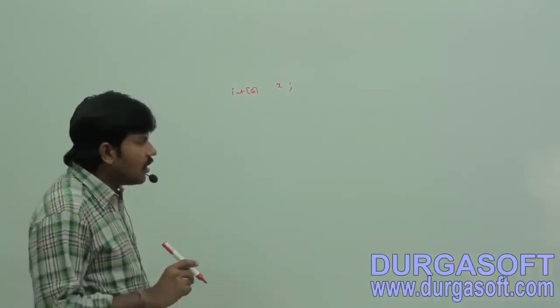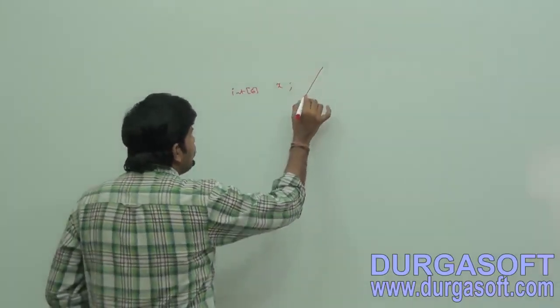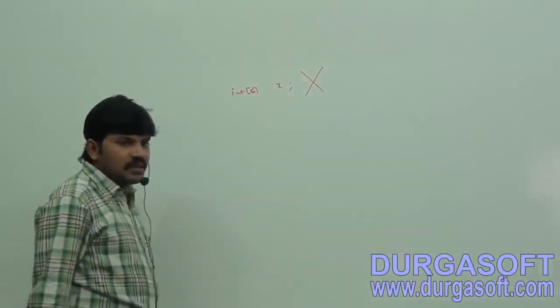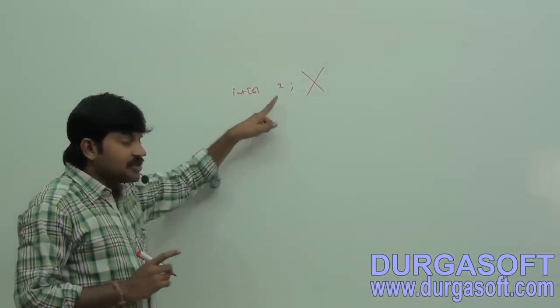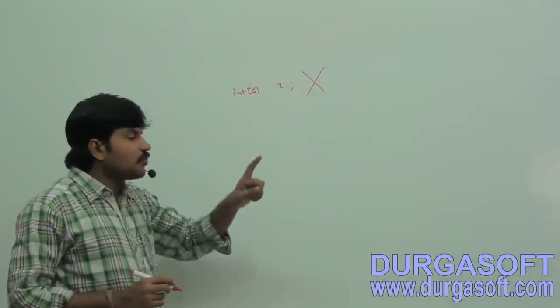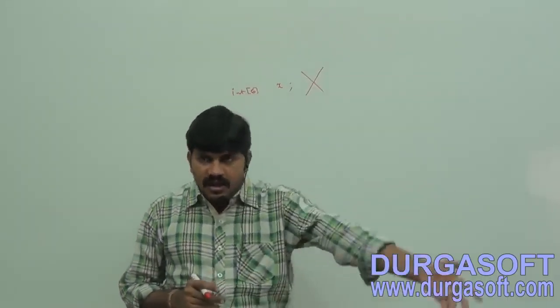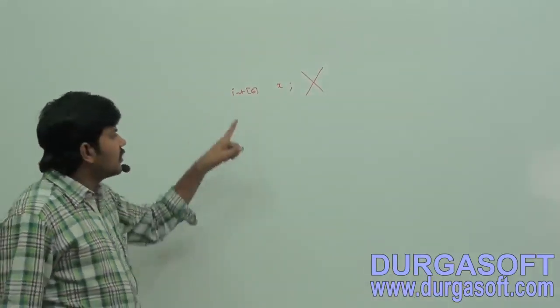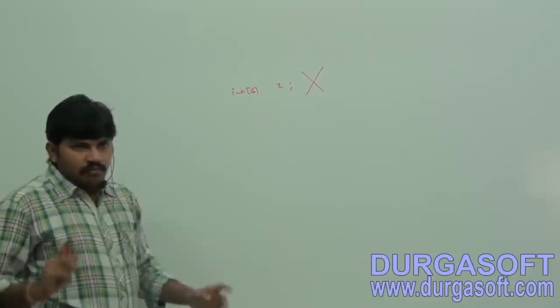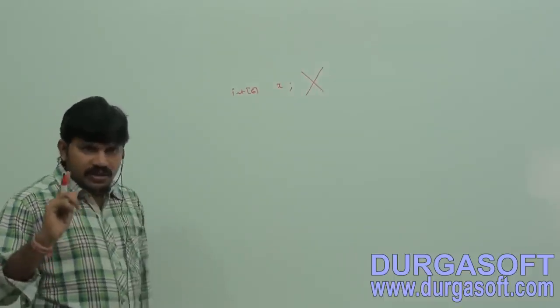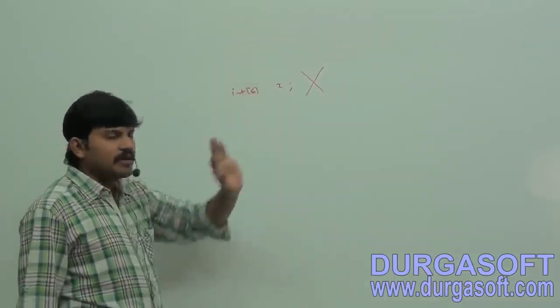Make sure the compiler is ready to give an error, because at the time of declaration we can't specify the size. Actually, size is required at the time of creation. If by mistake you try to specify the size, immediately we get a compile time error.